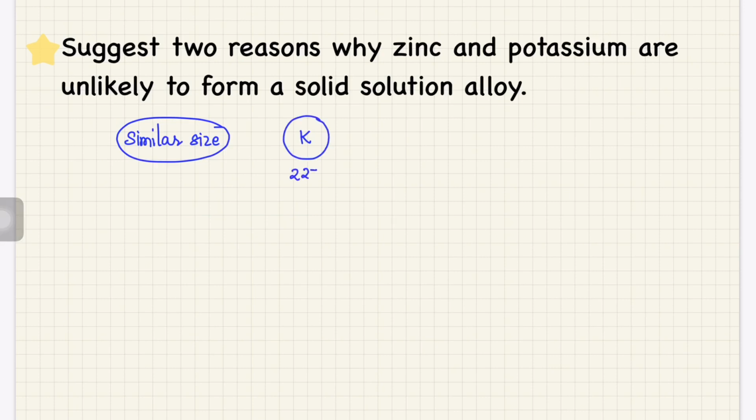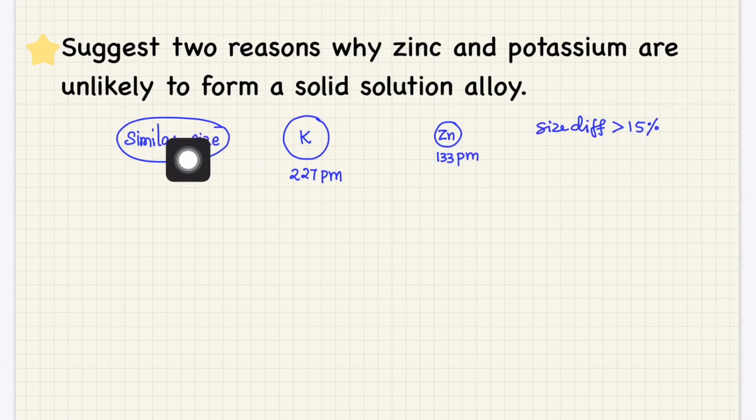Its atomic radius is 227 picometer, whereas zinc is a d-block metal and its size is less, 133 picometer. So zinc is very small compared to potassium, just about half. So the size difference is greater than 15%.